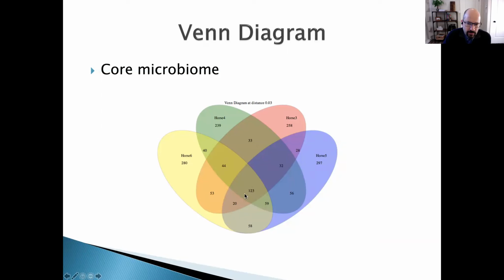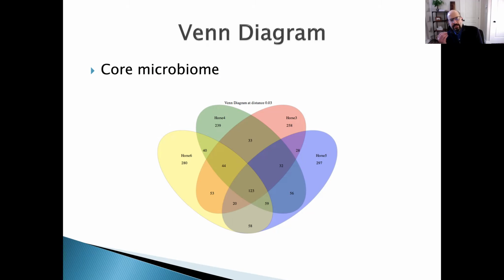And you can see that 123 OTUs are shared between the 4 of them. But only 40 OTUs are shared between horse 6 and horse 4. Okay, so this tells us the core microbiome or microbiota, which is telling us how many bacteria are shared between all of them. Okay.